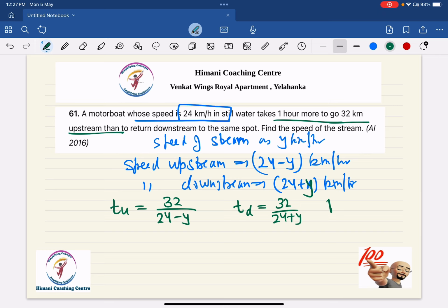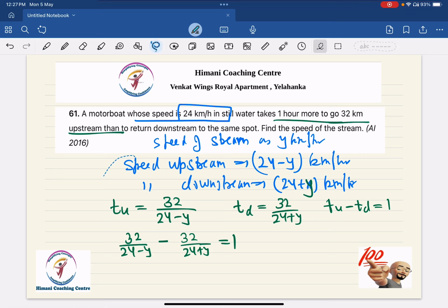That means time upstream minus time downstream is equal to 1. So let us frame the equation. We will have 32 over 24 minus y minus 32 over 24 plus y, which is equal to 1. And this is the equation we have. Now let us solve this equation.